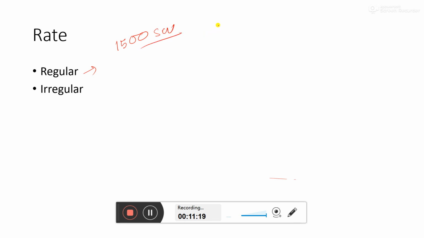So we take the duration from the start of one P to the start of another P, or from one R to another R, because here everything is regular. We calculate how many small squares there are and divide 1500 by this, and then we get the rate.